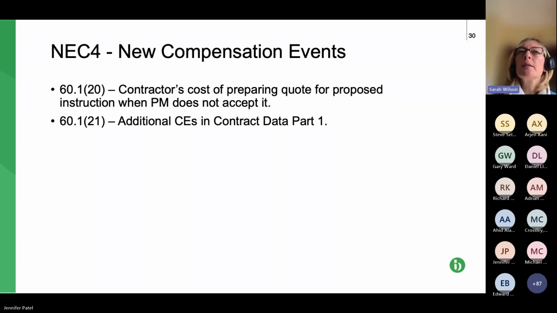I don't like this because for me it means that we've got 2 places to look for additional CEs now, contract data part 1 and also the Z clauses, which to me just means inefficiency. But that's where we are. And of course, when you are reviewing contracts in a tender or in a bid situation, you just need to check both to see if there are any additional CEs.